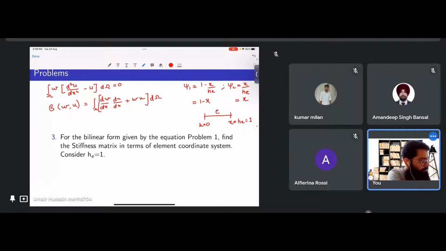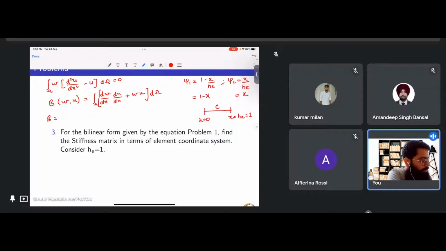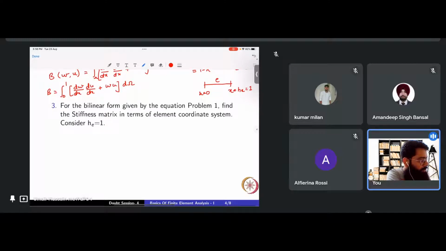For the bilinear form, our integral would be from 0 to 1 of du by dx times du by dx. When we write the matrix, we'll just replace it by the shape functions.